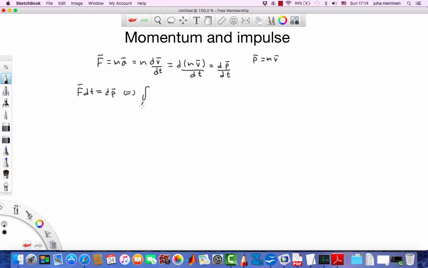So here we go from t1 to t2 because we're integrating over time. We're integrating the force F over time. And on the right hand side we just integrate the momentum. So we go from p1 to some p2. And we leave the left side as it is for now.